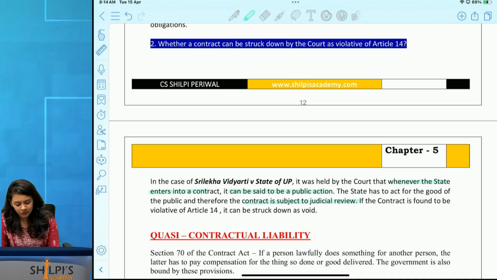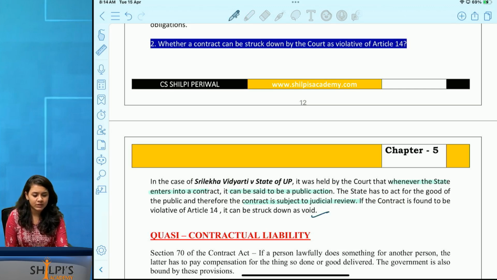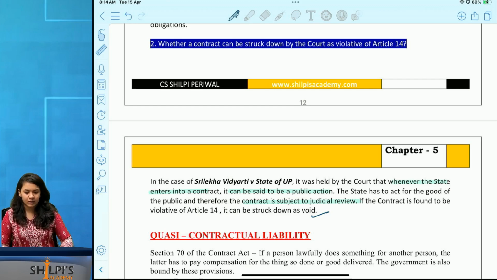If the contract is found violative of Article 14, then it can be struck down as void. So, we can see that a contract by a government is allowed, but it is also subject to the test of Article 14, and a writ of mandamus can also be issued against such a contract.